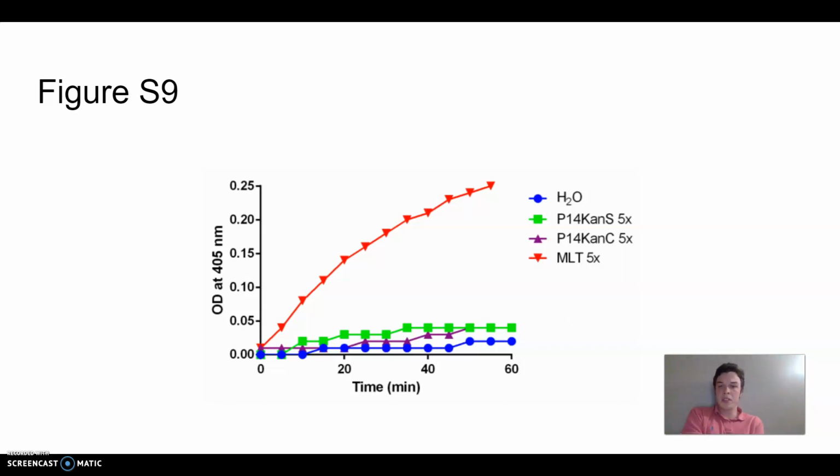The activity of P14 CAN-C and CAN-S was then investigated to see if they disrupted bacterial membranes. This was done by monitoring the release of an enzyme called beta-galactosidase from E. coli cells. This is an enzyme that is used to break down large sugar molecules into smaller monosaccharides.